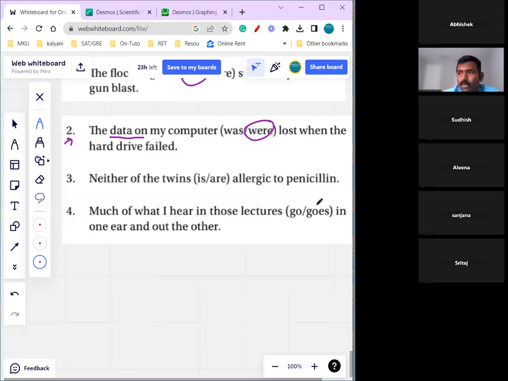All right, number 3. Sanjana, can you please read number 3 for us? Neither of the twins is/are allergic to penicillin. Let's see what you guys think.